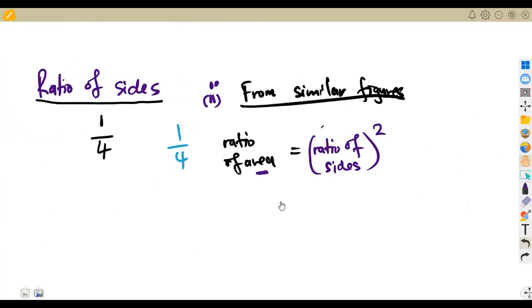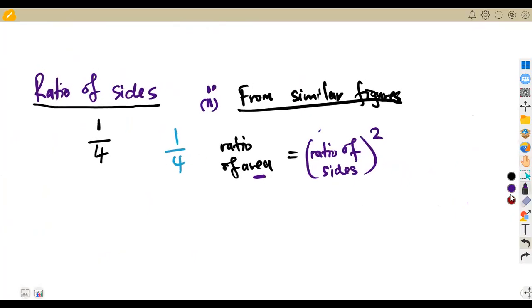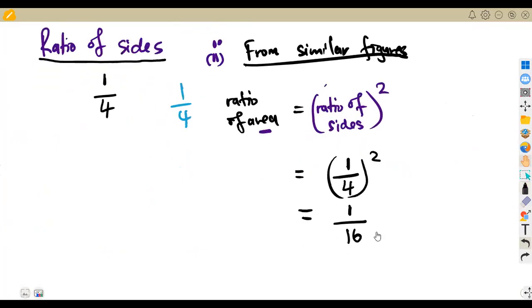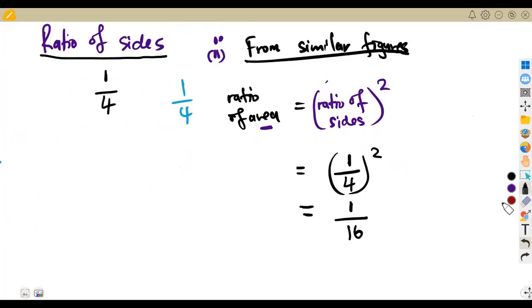So you have the ratio of sides, which is 1/4. Therefore, the ratio of area is going to be 1/4 squared, like this. That's 1 squared, which is 1. 4 squared, which is 16. So that means the ratio of areas in this case is going to be 1:16, or 1/16, of which you can write it as 1:16. So this is the ratio of areas.